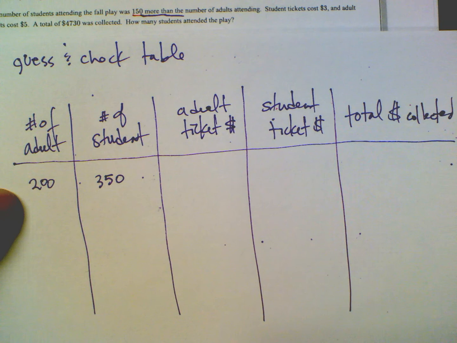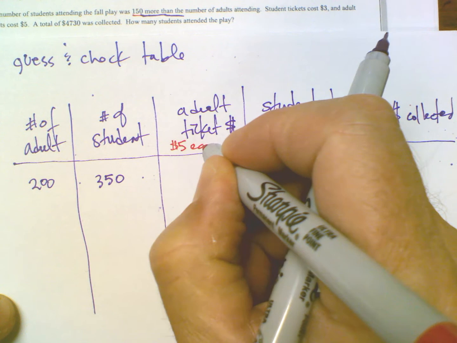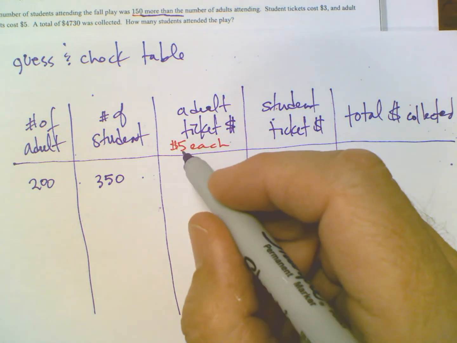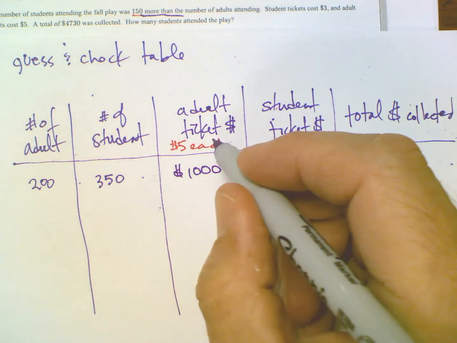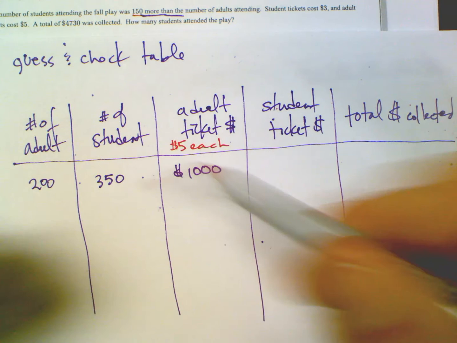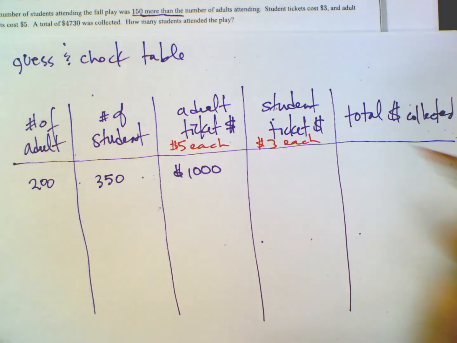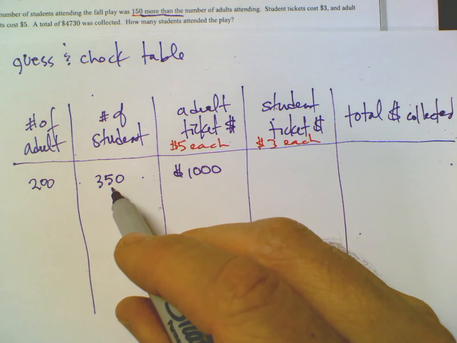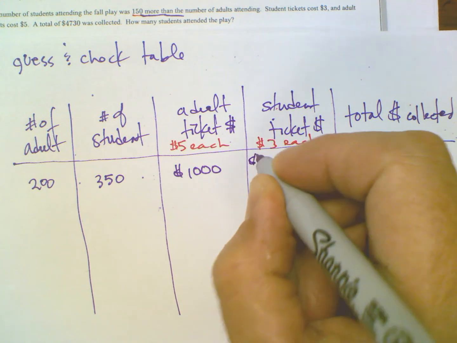And then price: for adult tickets, it was $5 each. So $5 times 200 is $1,000. That's what they collected from adults. With students, it was $3 each, so $3 times 350 gives me $1,050.